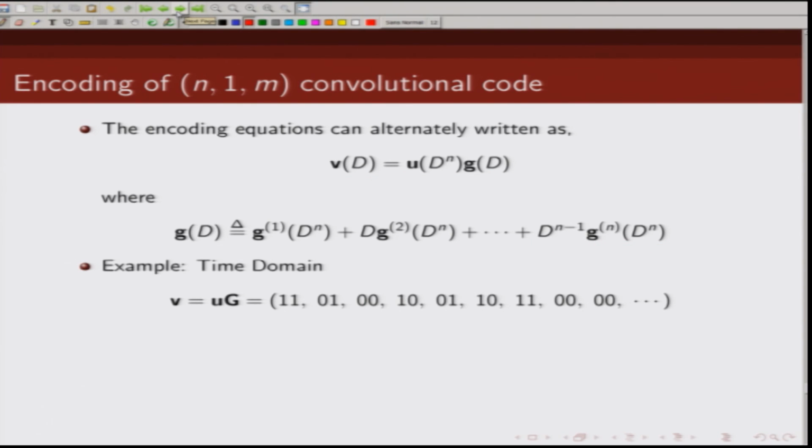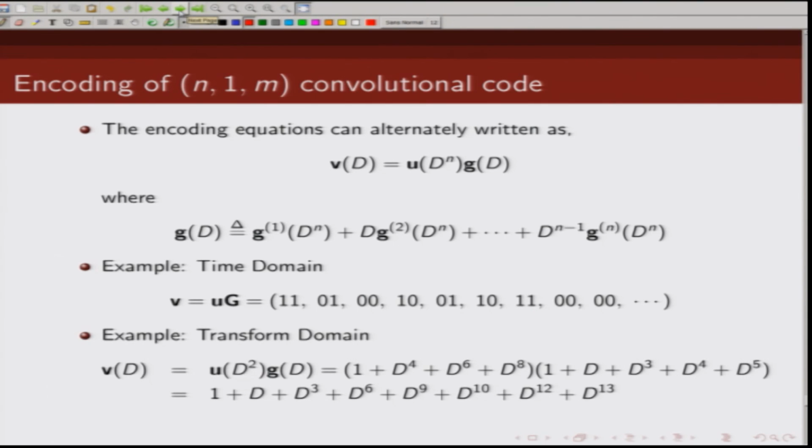And we can again go back to the same example. Our output sequence in the time domain was given by this, and if we follow the same procedure, v(d) should be u(d square) times g(d), where g(d) is g1(d square) plus d g2(d square). So, u(d square), what is u(d)?